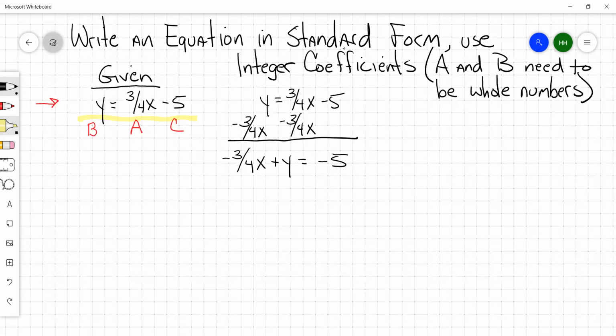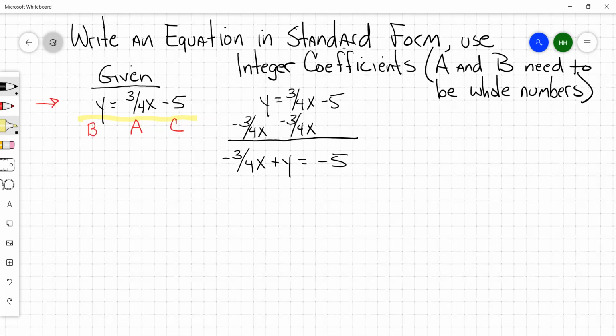When you have a fraction in front of the x or the y, you multiply both sides of the equation by the denominator of the fraction, or a multiple of both denominators.